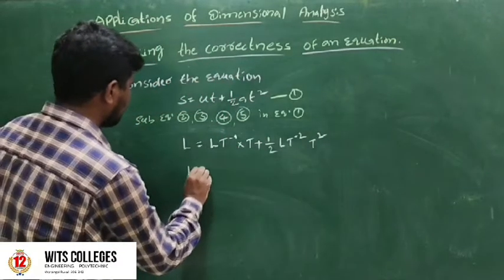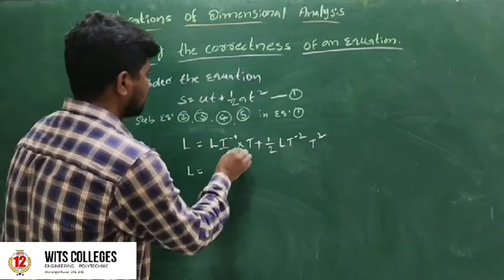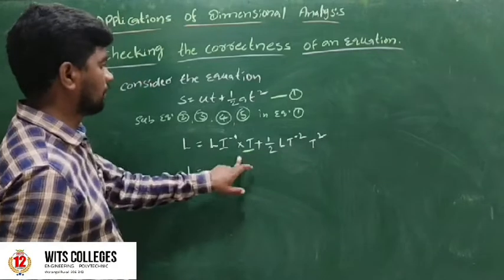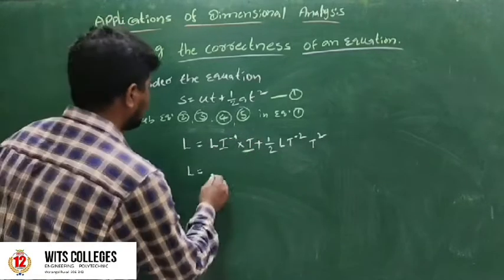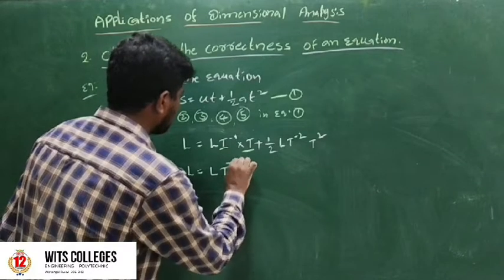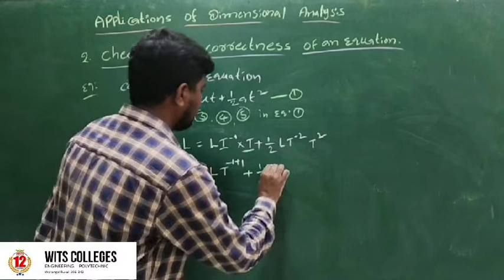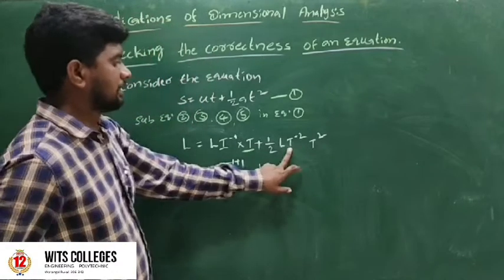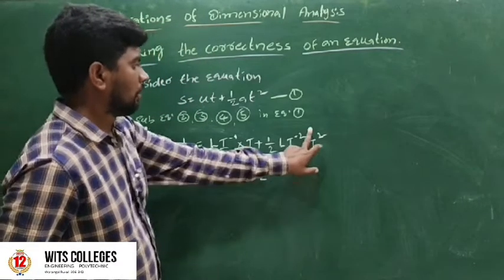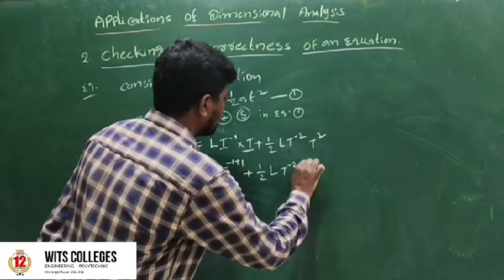L equals L T^-1 times T, plus 1/2 L T^-2 times T². The bases T are the same, so add the powers: L into T to the power of minus 1 plus 1, plus 1/2 L into T to the power of minus 2 plus 2.